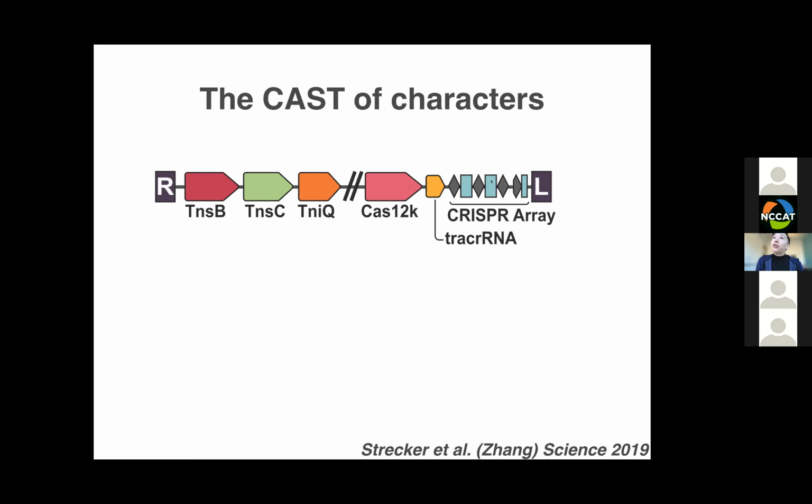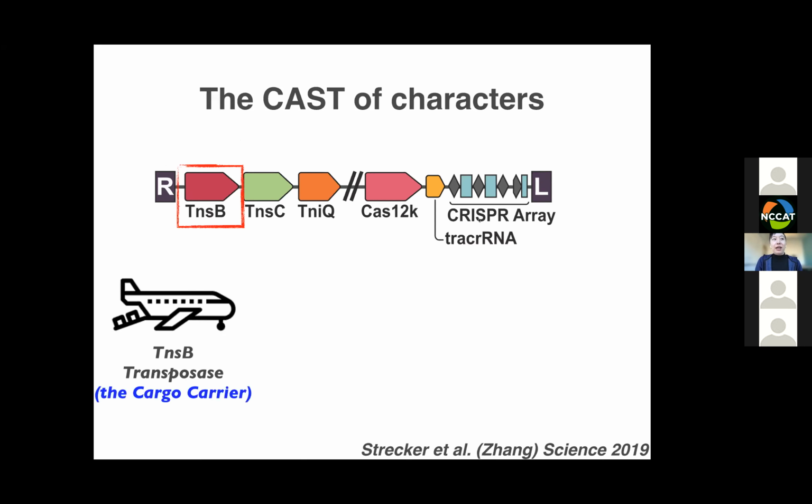It also carries around its CRISPR protospacers, which we call attachment sites. So it keeps a list of all the different places that it likes to insert within the genome. But in order to make things a little bit easier for the audience, I'm going to refer to the parts of the transposon in terms of their genes and in terms of an analogy.